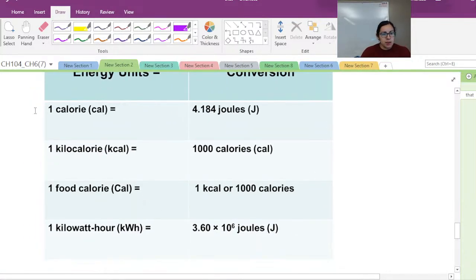So we have one little calorie, so not your food calorie, is then equal to 4.184 joules. And then, like we said, the kilocalorie is 1,000 calories, which is also equal to, like I mentioned, your food calorie. So now you can be depressed.